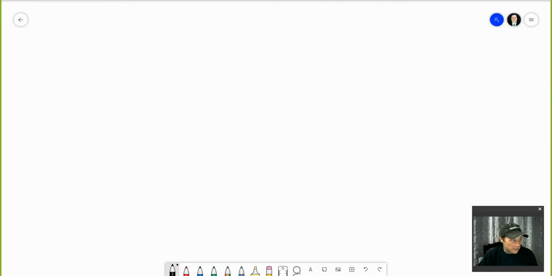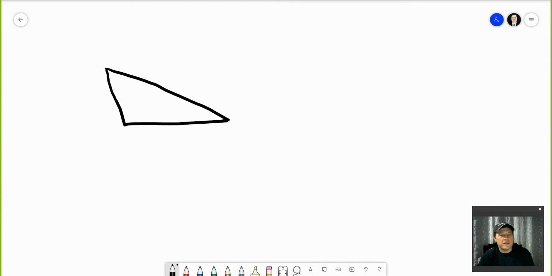So for instance, one of the triangles we're going to be talking about tonight is a scalene triangle. A scalene triangle is a triangle that has 3 unequal sides. So this side here might be 1 unit long, this might be 2 units long, and this might be 3 units long.